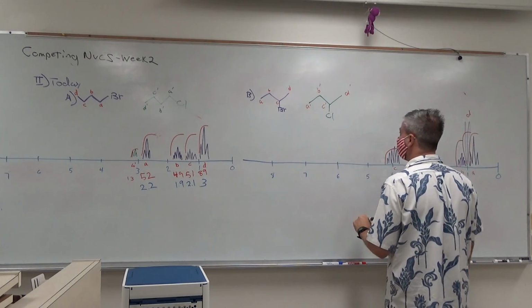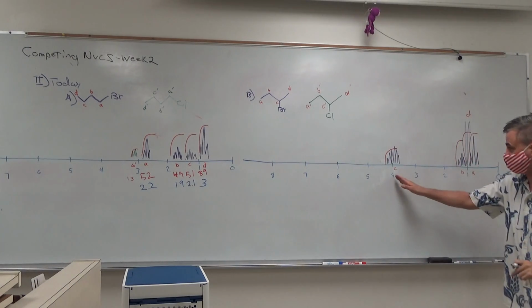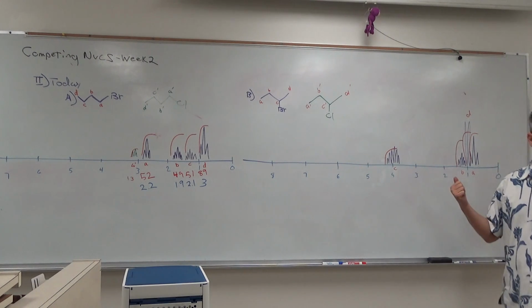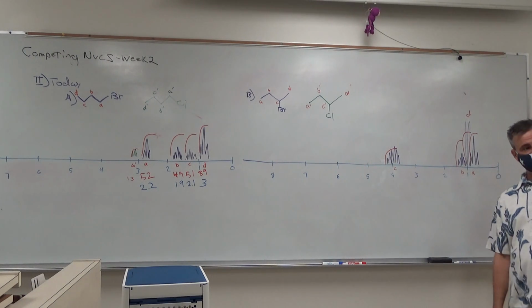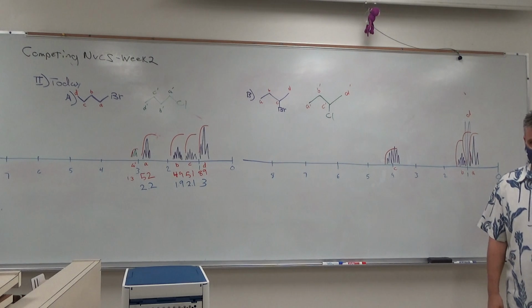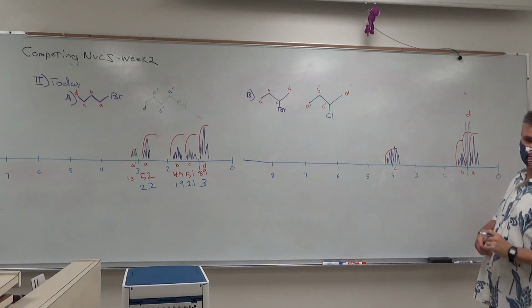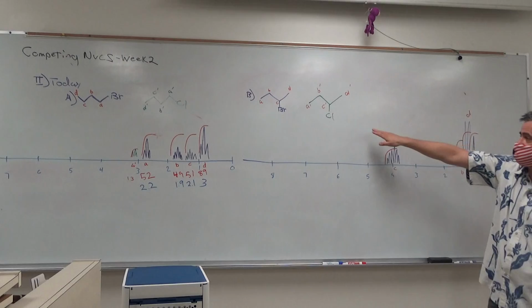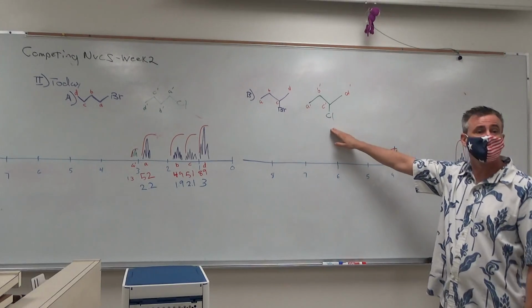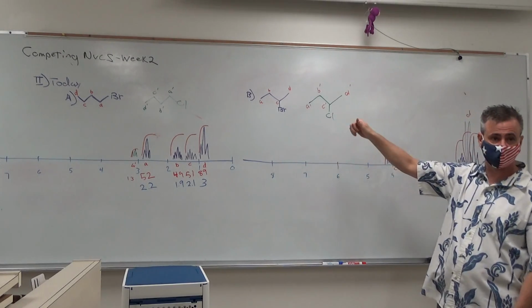And where would we expect C prime to be versus C? Downfield or upfield? Downfield. But this is where my asterisk comes into play. Okay? For some odd reason, with these two molecules, it's the reverse. Okay? The chloride is upfield.